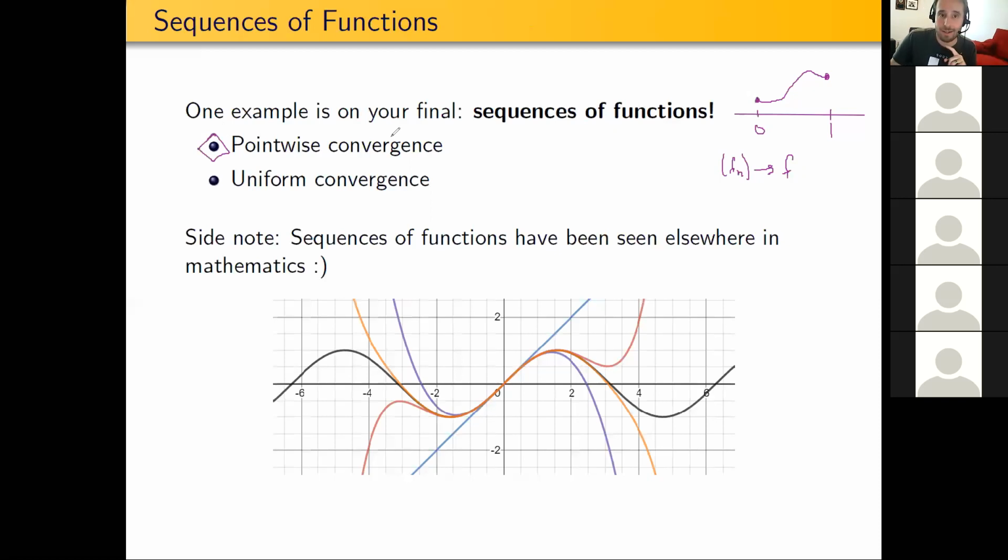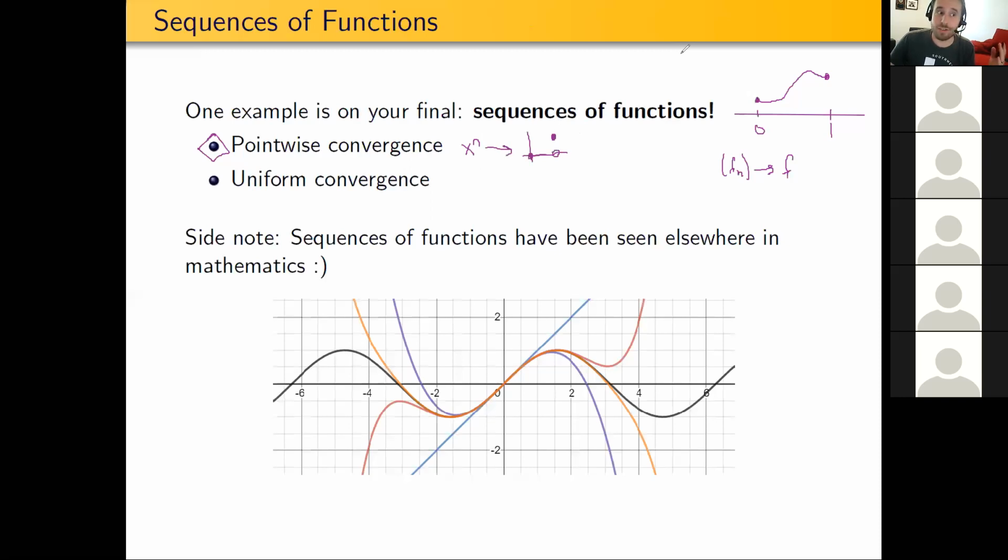We can have a sequence of continuous functions converging pointwise to a discontinuous function. One of the questions asks you to explicitly walk through and see that the functions x to the n converge to a function that is 0 everywhere except right at the number 1 where it jumps up to 1. So there's a discontinuity there, and you're asked to rigorously show that that's the case.